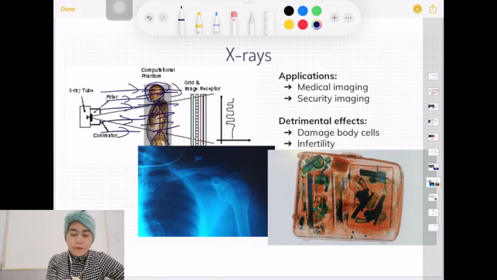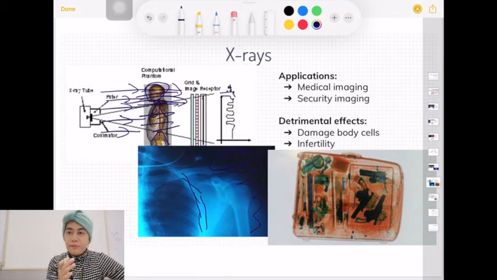So the area where there's no bone will hit the screen like this, and the area that has bone will not be hit. That's why in the picture here you see this is a white, bright color, and here the other area is a darker color. So this darker color is the part where X-rays hit the film, right? And this area here is where the X-ray is not able to hit the film.